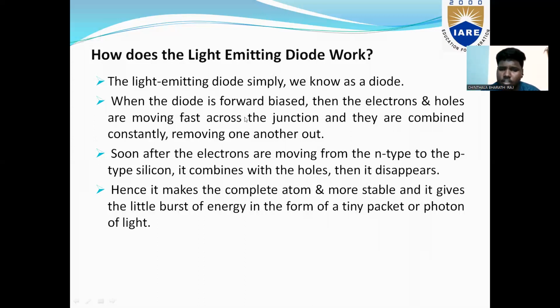Soon after the electrons move from the N-type to the P-type silicon, they combine with the holes and disappear. Hence it makes the complete atom more stable, and it gives a light burst of energy in the form of a tiny packet of photon of light.